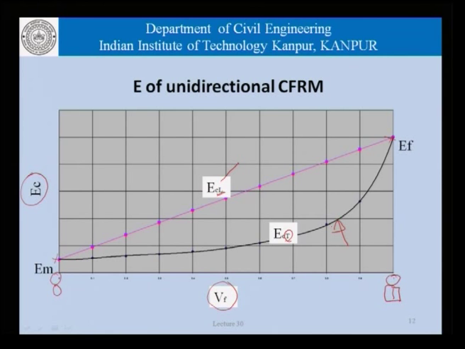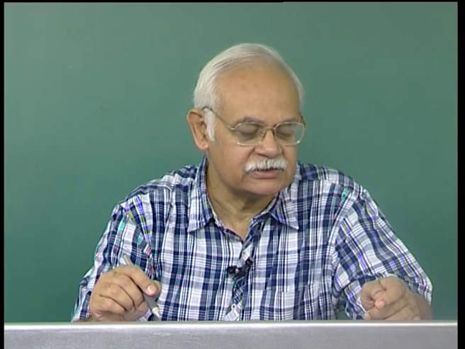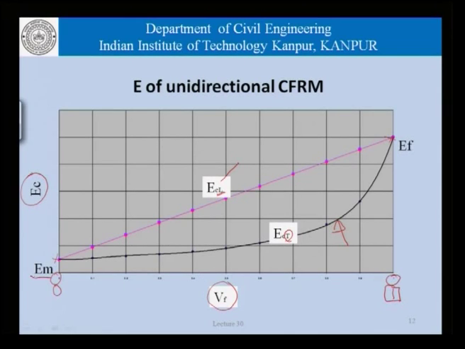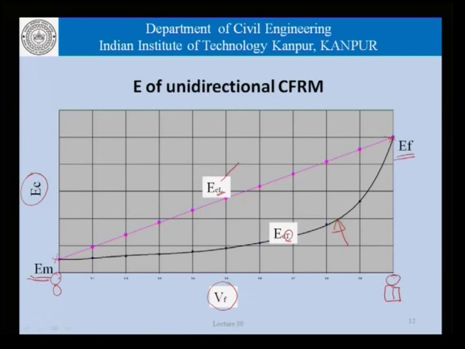So, we must keep in mind that the modulus of elasticity as far as the composite is concerned is related to both the modulus of elasticity of the matrix and the modulus of elasticity of the fiber, and is determined by the volume fraction and also whether the fiber is loaded in the longitudinal direction or in the transverse direction.